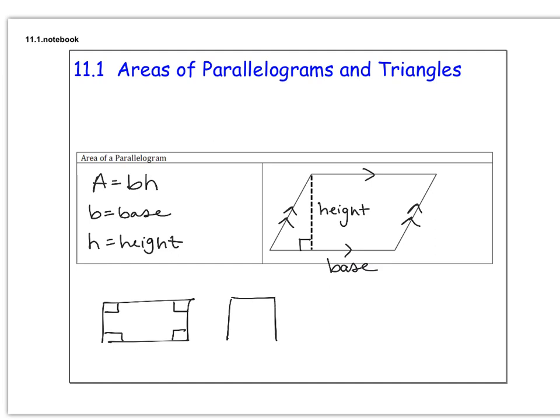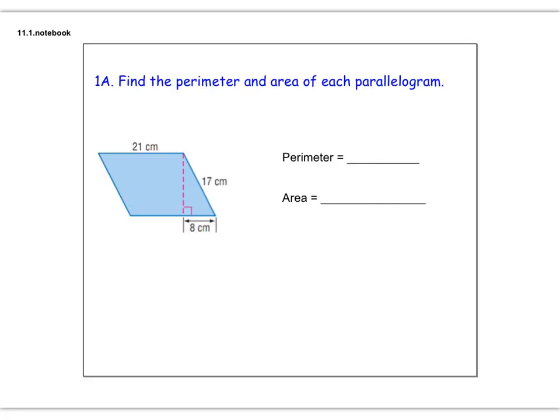Think about a square. Is a square also a parallelogram? Yes, a square is also a parallelogram. So both the rectangle and the square would also use the same formula, which is just base times height to find the area. So let's start with number 1A.